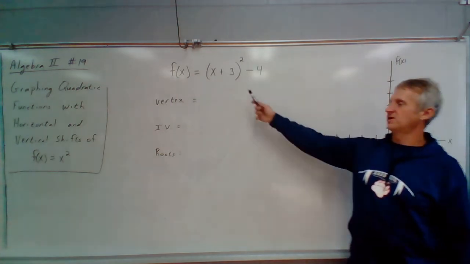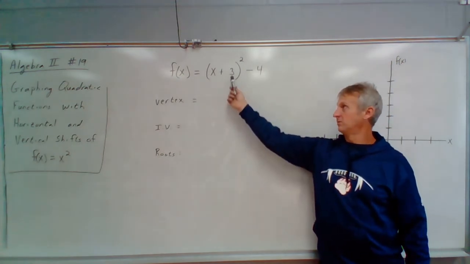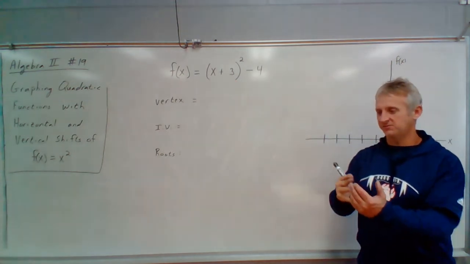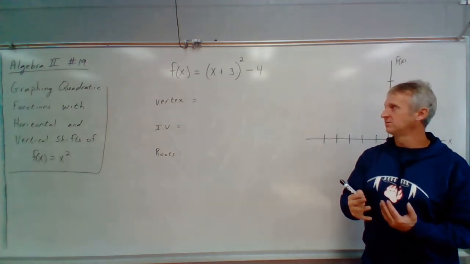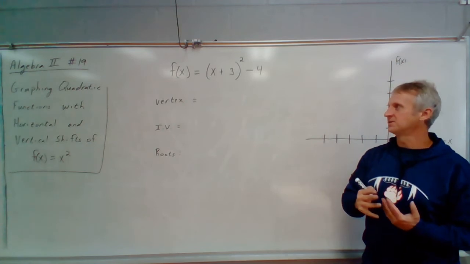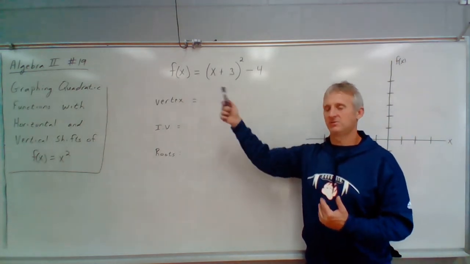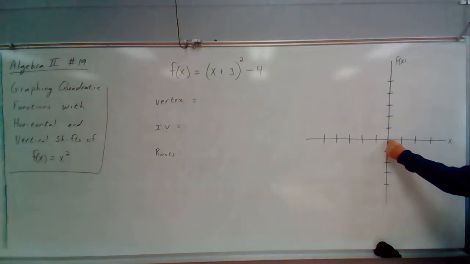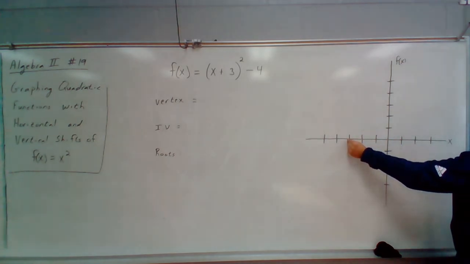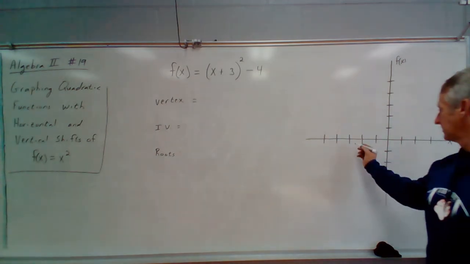And what does the plus 3 inside of the parentheses do to that vertex? Well, remember, this number inside the parentheses shifted the parabola left or right, and it was opposite of the sign. It was kind of opposite of what you thought it would be. So a plus 3 shifted it left 3 units. So the vertex of the original parabola is at the origin, so it gets shifted left 1, 2, 3 units and down 4 units.